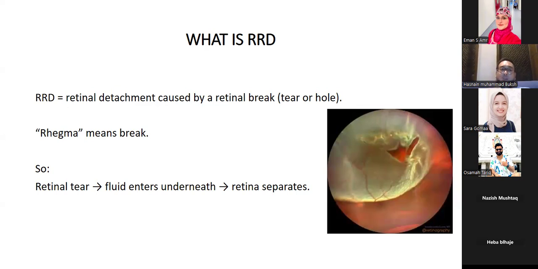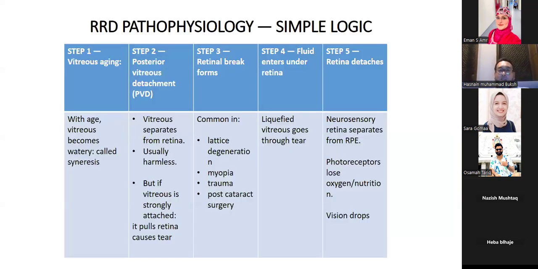Once that chain reaction starts, it keeps on going till the whole retina gets detached. And once the retina gets detached, the photoreceptors present in the neurosensory retina become anoxic and get degenerated as a result of less supply of nutrients.